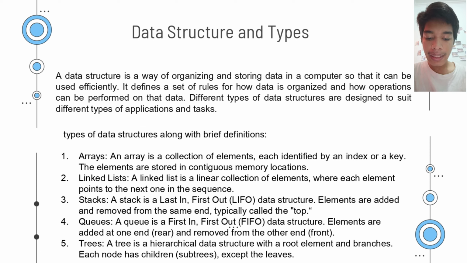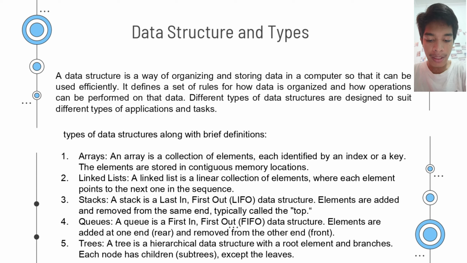And the second, linked list. A linked list is a linear collection of elements where each element points to the next one in the sequence. Stack. A stack is a last in, first out data structure where elements are added and removed from the same end, typically called the top.